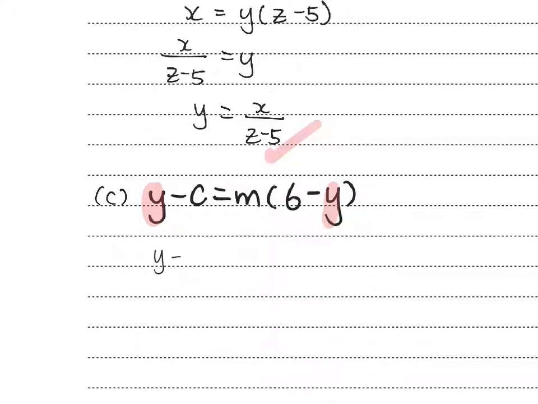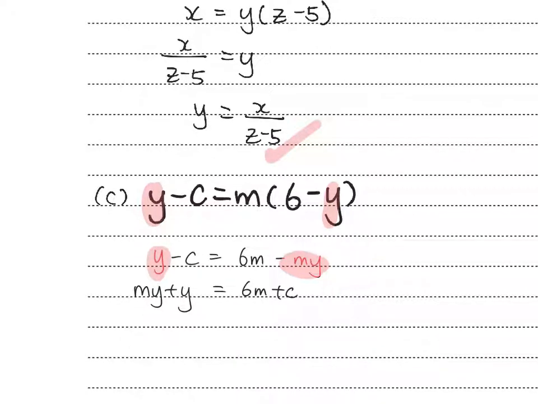So y minus c will be equal to 6m minus my. We got some y on the left and the right. We need to group them together. So my plus y is equal to 6m plus c.